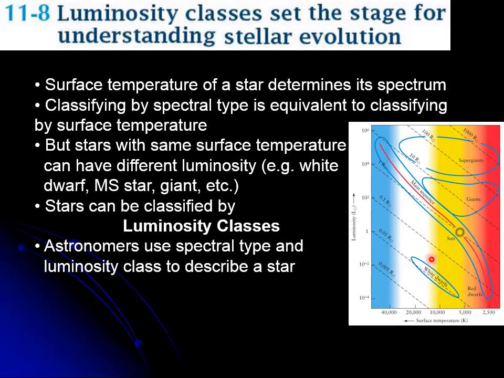And that comes naturally from here, because for the same temperature, some stars are along here, say, but one here is going to have low luminosity, and one of the same temperature can have a high luminosity. So the luminosity can be used to classify stars according to the so-called luminosity classes.